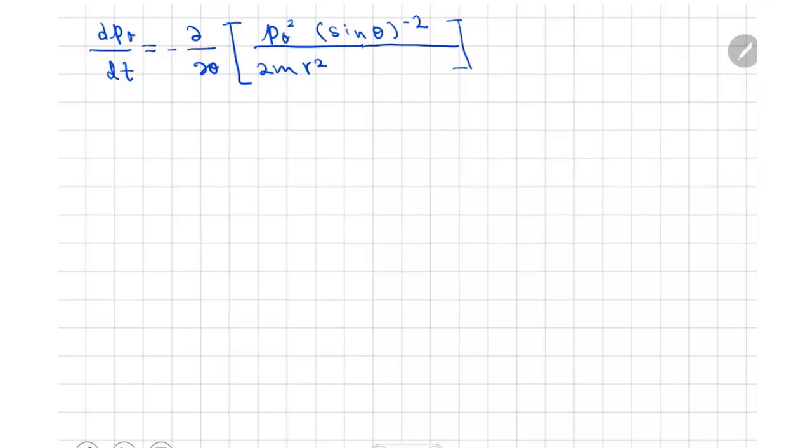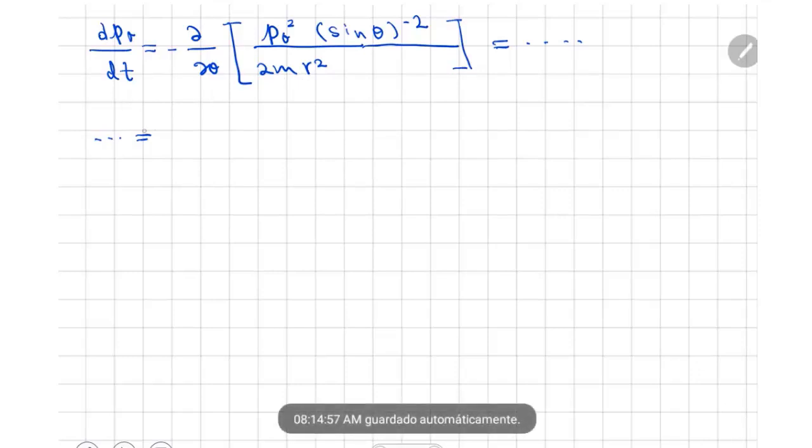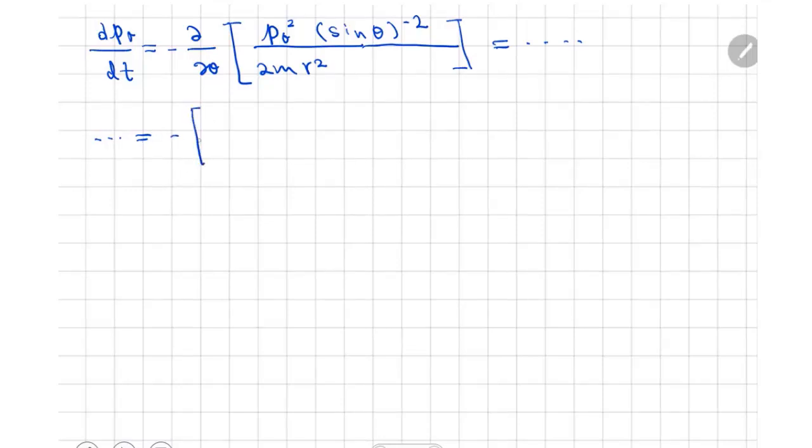and I'm gonna do the derivative. Okay, these terms are constant. p theta squared dividing 2m r squared, those are constant. I keep this minus sign out of the brackets. So it's gonna be p theta squared dividing 2m r squared.